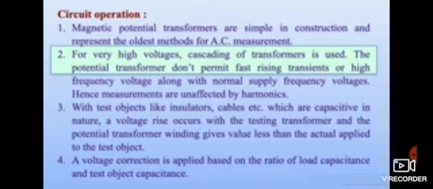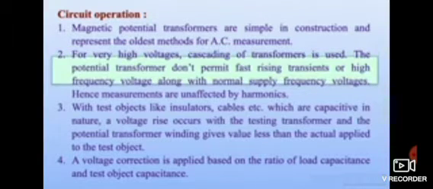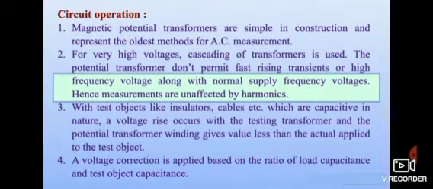For very high voltages, cascading of transformers is used. The potential transformer doesn't permit fast rising transients or high frequency voltage along with normal supply frequency voltage. Hence, measurements are unaffected by harmonics.